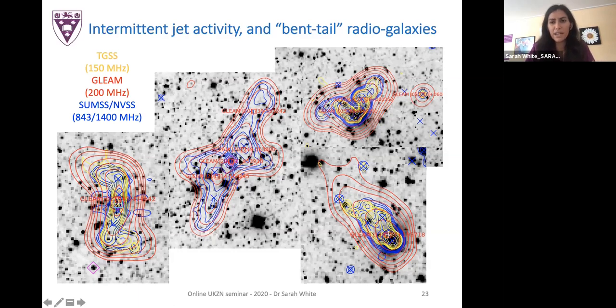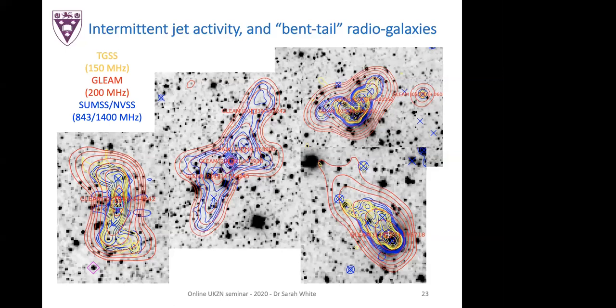In the middle, we have the famous X-shaped source, which I'll talk about towards the end of this presentation. And on the right-hand side, we have examples of bent tail radio galaxies. So in the top right, we have a wide-angled tailed radio galaxy. And in the bottom right, we have a narrow-angled tailed radio galaxy.